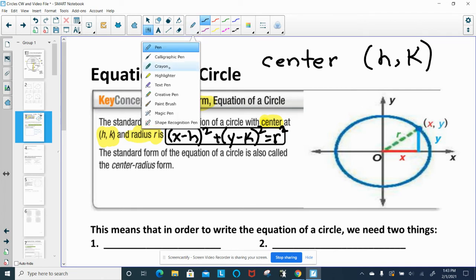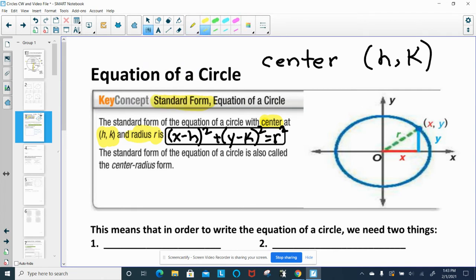Now remember from our previous video, the radius is from the center to an edge, like that yellow line that I just highlighted. The radius is the same anywhere I draw it in a particular circle, but it can be different for different circles. So this distance r is what's going to be here, only we're going to square it.